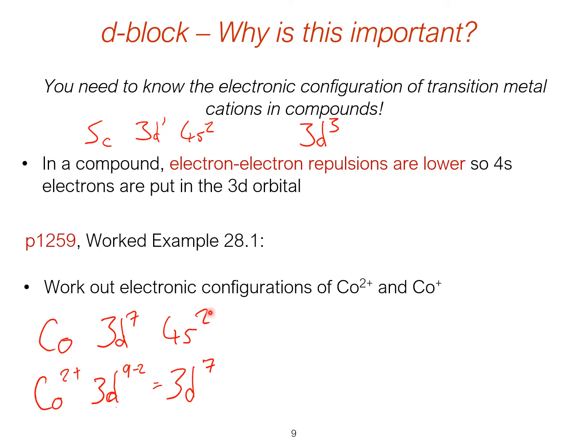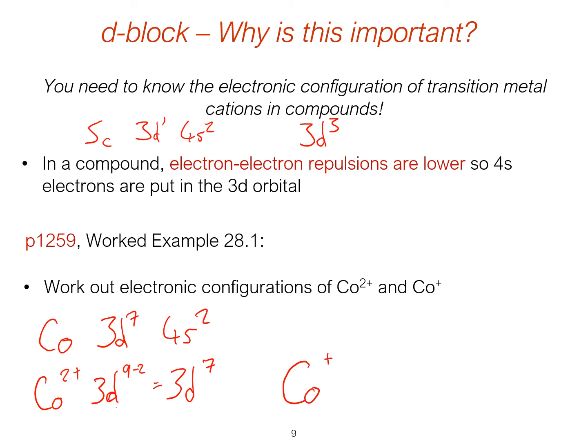And as I said, we could have just done that knowing that they leave the 4s orbital first. We just take the 2 out of here and we're left with 3d7 also. But it's when it comes to questions such as this with cobalt 1+ that we really need to know that in a compound these 4s electrons will go in the 3d orbital.